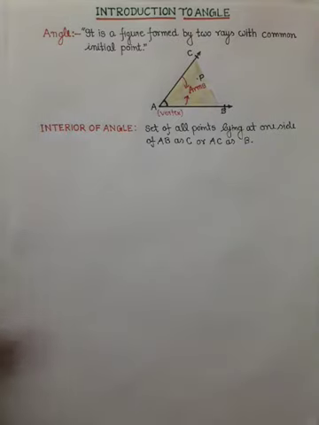All the points which are lying between the two arms AB as well as AC are considered as the interior of the angle.